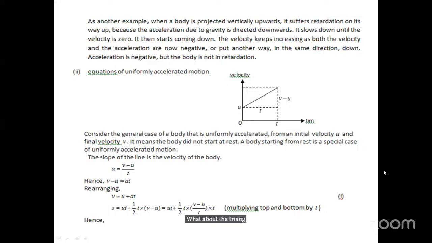Half base times height, is half T times V minus U. This will be equal to UT plus half T times V minus U. I did a little bit of abracadabra: I divided V minus U by T and multiplied by T. Have I done anything wrong? No, sir. Okay. You recognize V minus U over T as A, right? What would this give us? UT plus half AT squared.